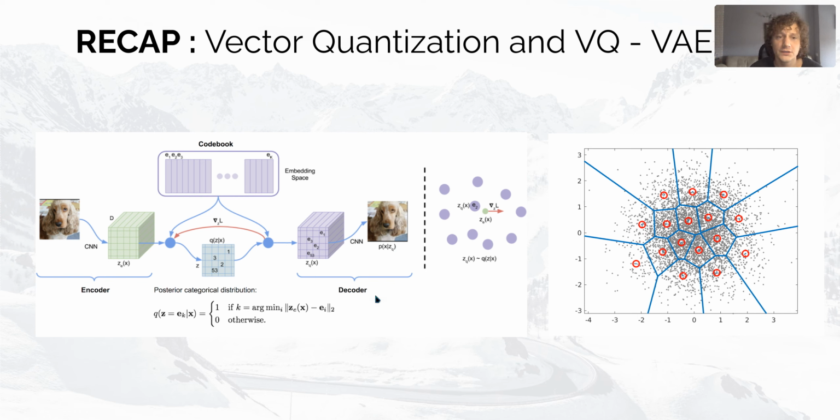So imagine an autoencoder, or let's say a variational autoencoder. It compresses our data, but not into some random vector. The encoder produces some vector from this area, but we take the closest centroid.